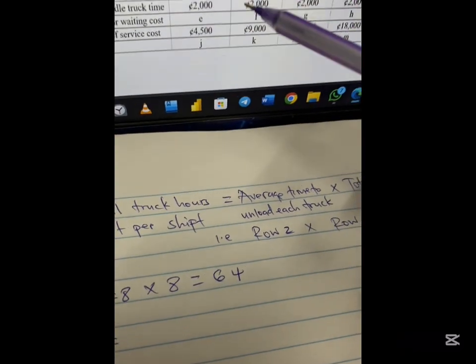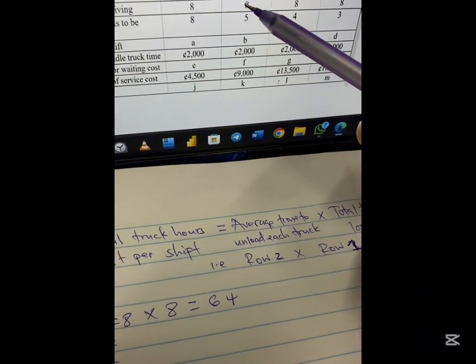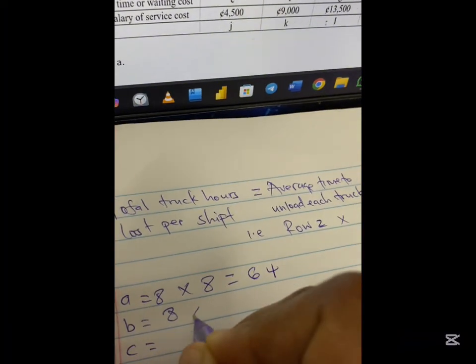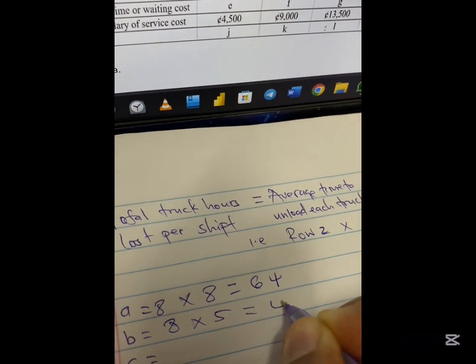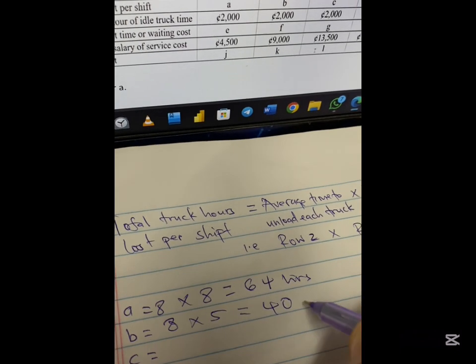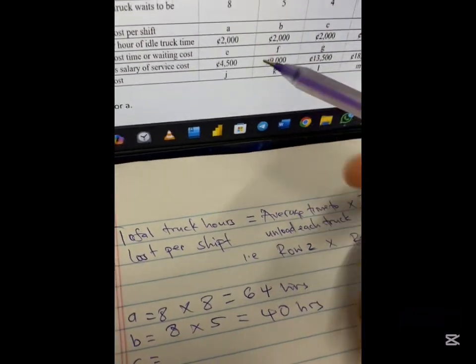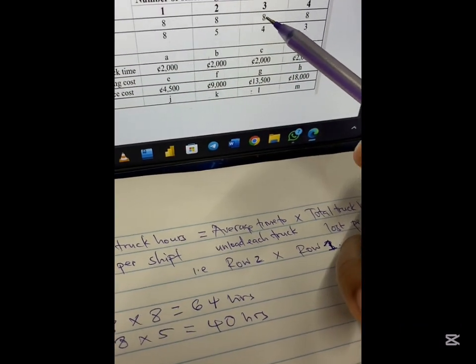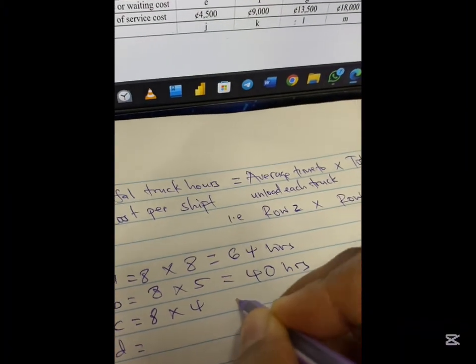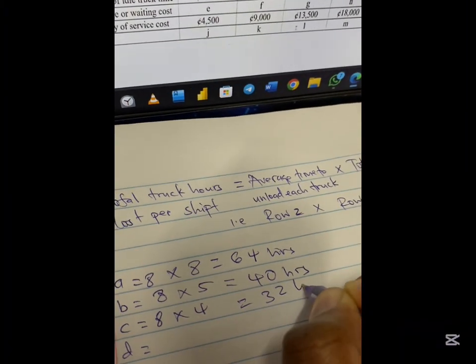And the value of B will be equal to 8 times 5, which is 40. And remember, these are total hours, so your value will be in hours. The value of C will be 8 times 4, which is 32 hours.